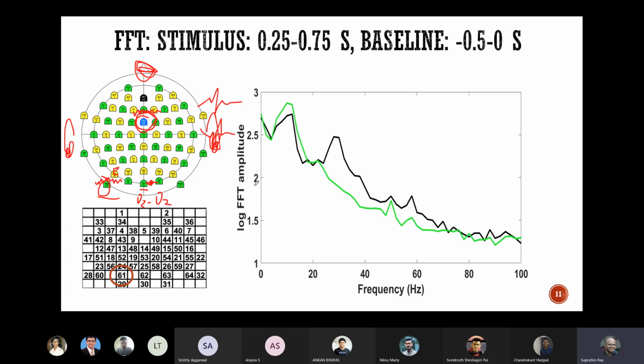Because you will cancel all this physiological signal which both of these electrodes are picking, and that's true. But anything that is very localized to this electrode but not to its neighbor will get picked up. So bipolar referencing actually picks up very localized activity.